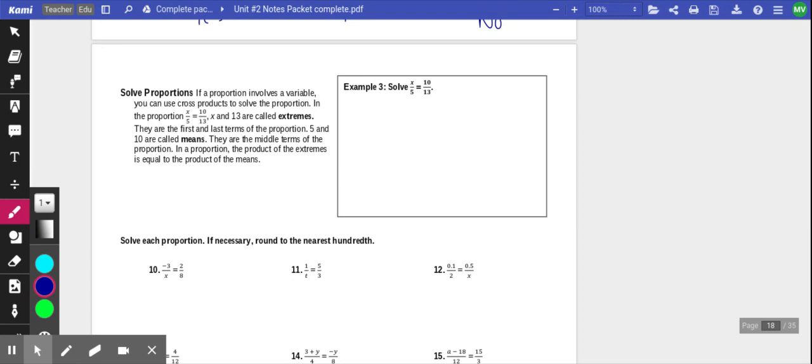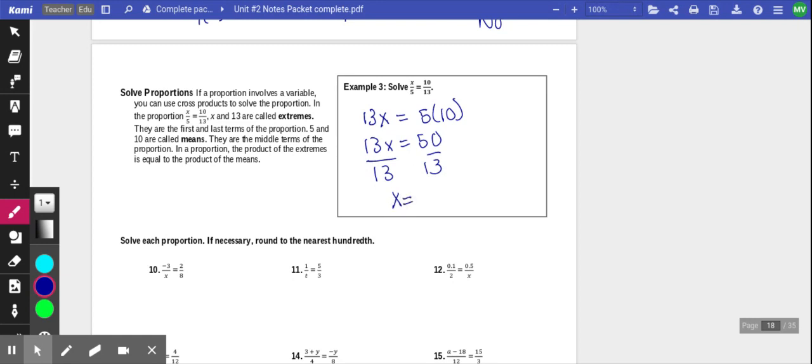So to solve that proportion we were just talking about, I'm going to multiply the extremes and multiply the means. So I'm going to do 13 times x is equal to 5 times 10, which gives me 13x is equal to 50. And then I need to divide both sides by 13.